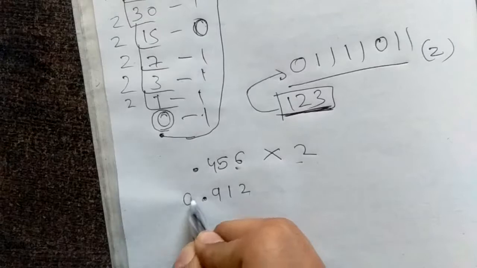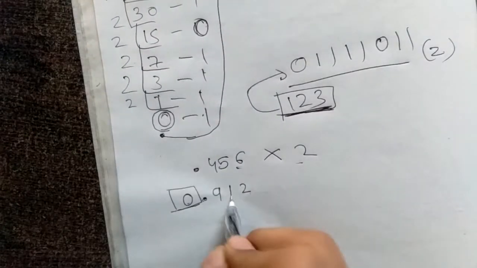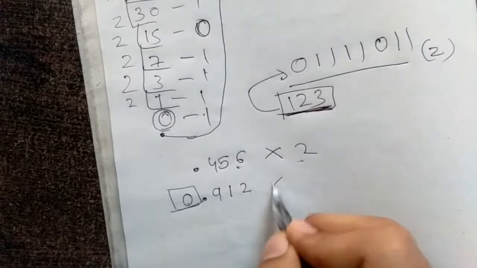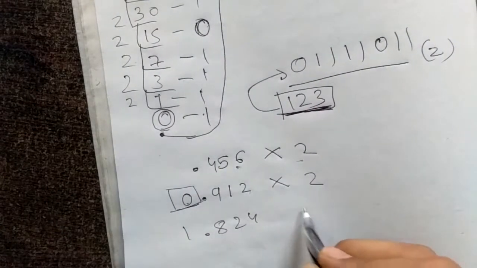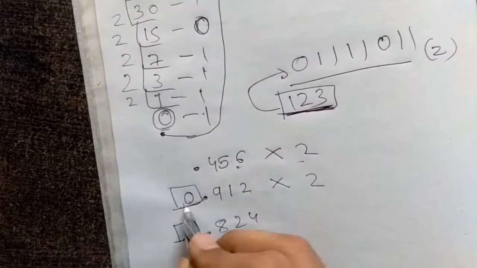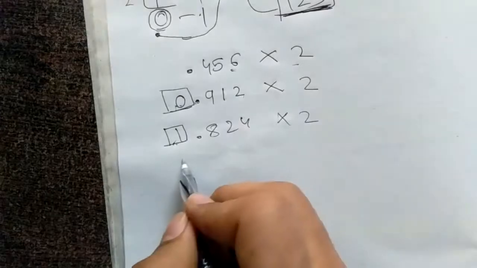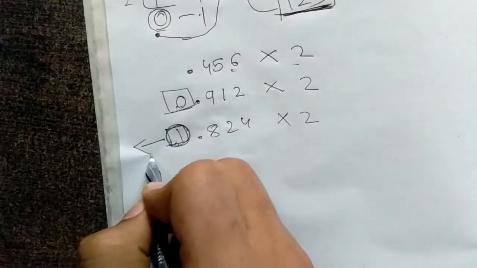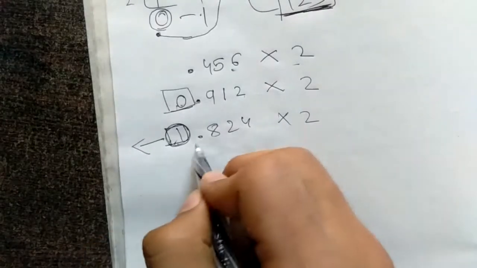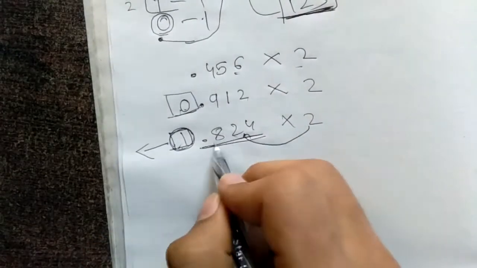The number after the point is to be considered now. So this is 0.912, and if I multiply it by 2, I'm going to get 1.824. You need to remember, like mark it, the digit before the point. Now you need to discard that and multiply by 2 only the digits after the point.